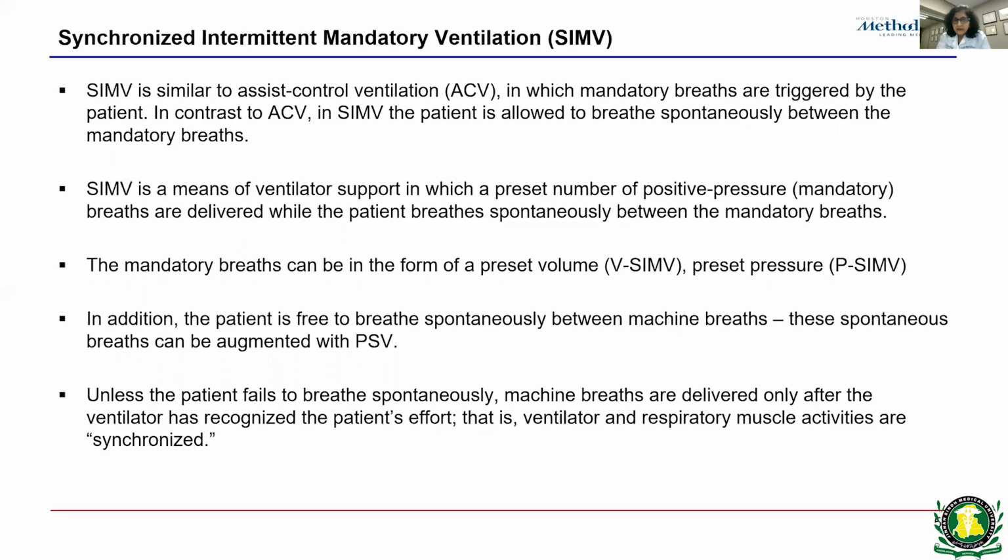In addition, the patient is free to breathe spontaneously between the machine breaths, and these spontaneous breaths can be augmented with pressure support ventilation. Unless the patient fails to breathe spontaneously, machine breaths are delivered only after the ventilator has recognized the patient's effort. That is, the ventilator and respiratory muscle activities are synchronized.